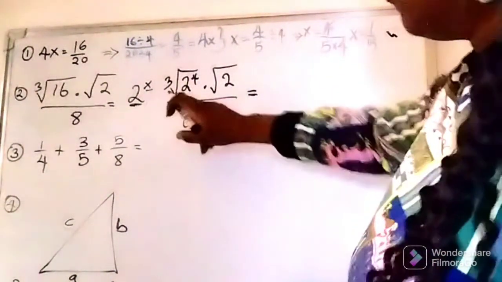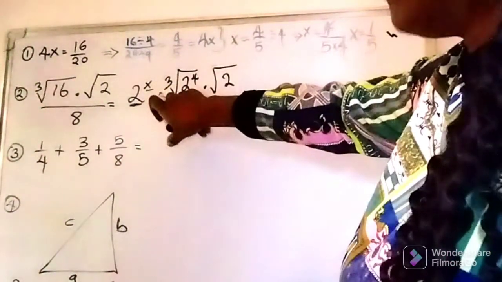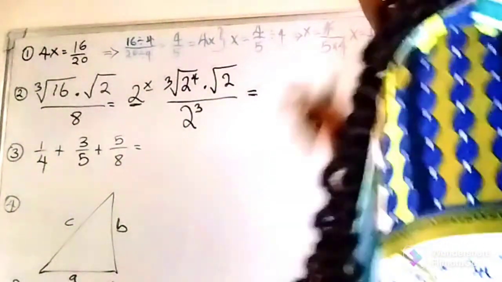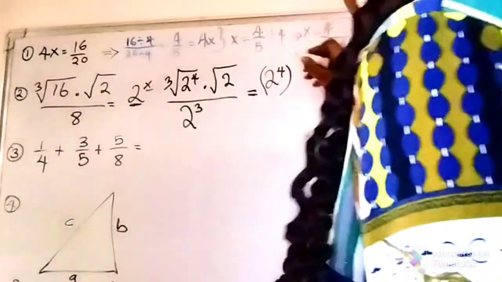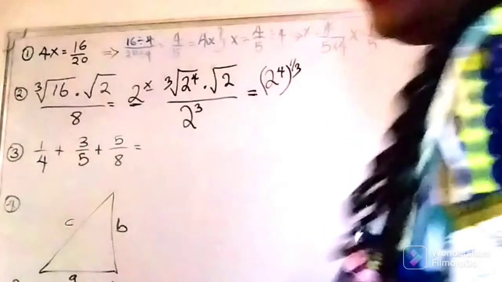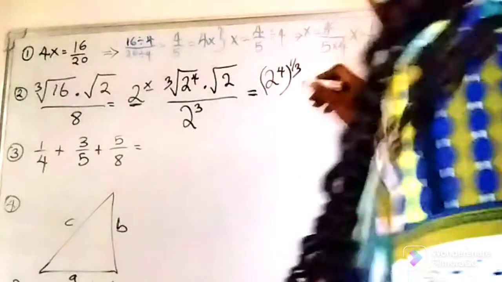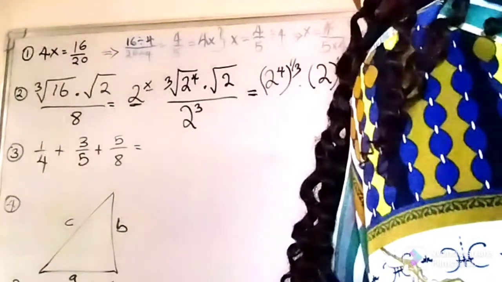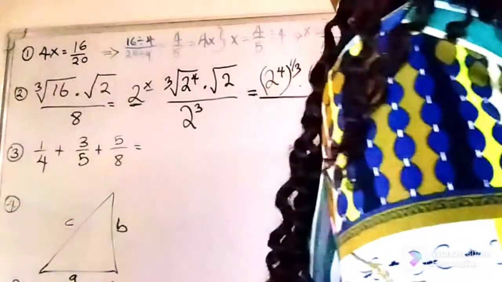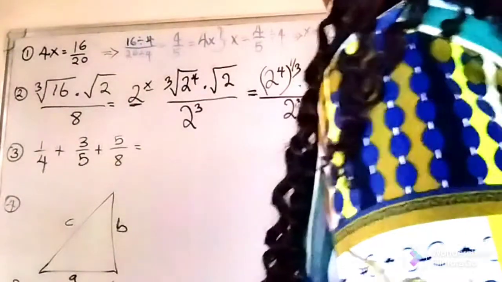So now we'll also convert this root to a power. So we have 2 raised to power 4. We put it in a bracket and write 1 over 3. That is the power. Then we'll also put this in the bracket, which is 2 raised to power 1 over 2, all over 2 raised to power 3.